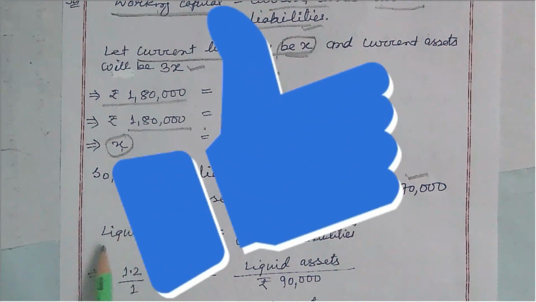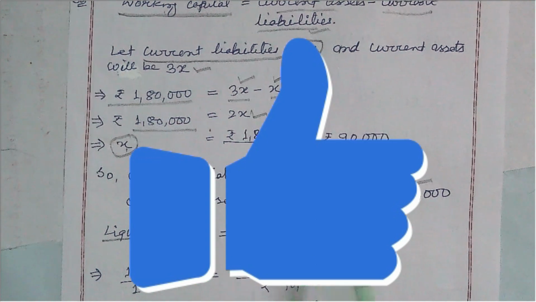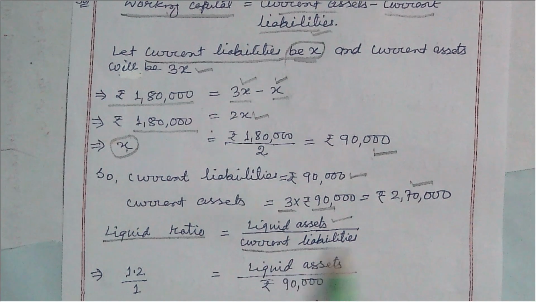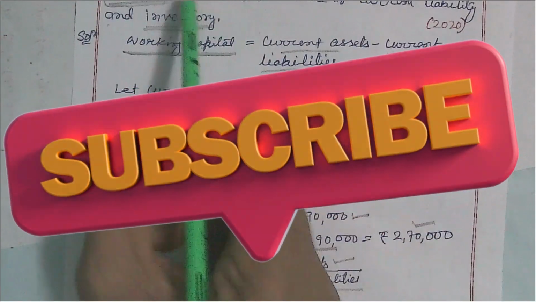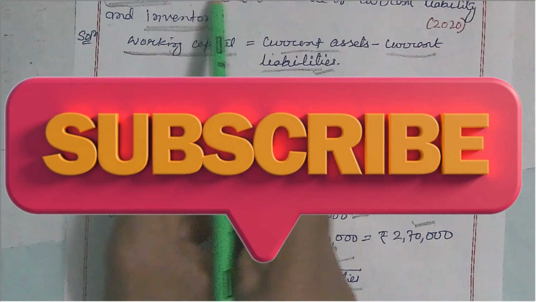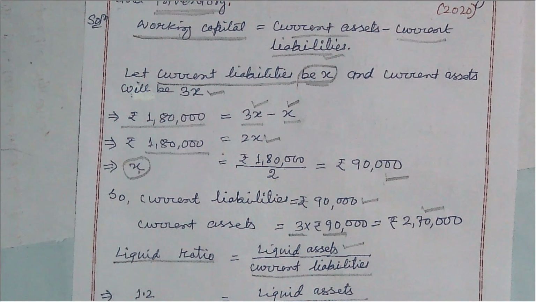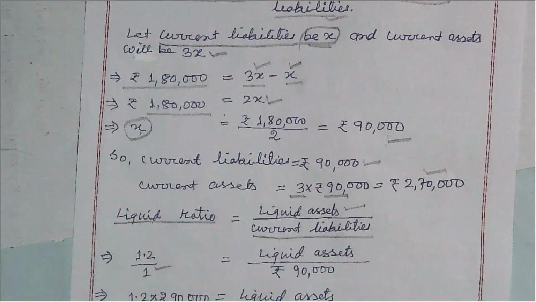For this, the liquidity ratio will help you find the liquid assets. The liquid ratio formula is liquid assets divided by current liabilities. The liquidity ratio is given in the question as 1.2:1, which means 1.2 by 1.